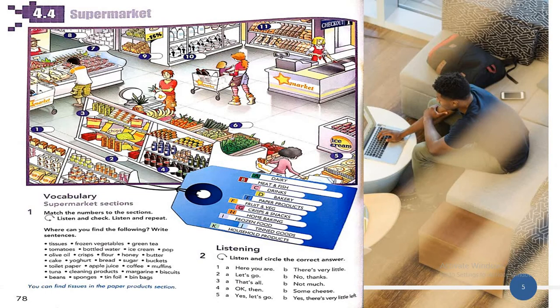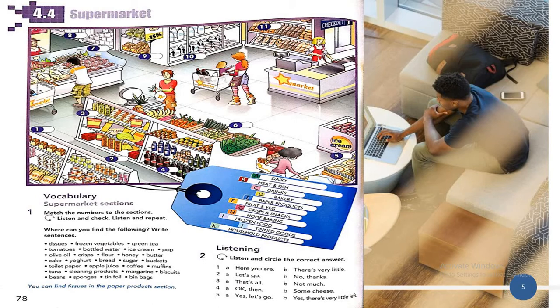Now you have page 78. Look at the main topic and look at the picture. Look at the picture carefully and tell me what you can see. Good. First, the main topic is supermarket, and the picture is in the supermarket.